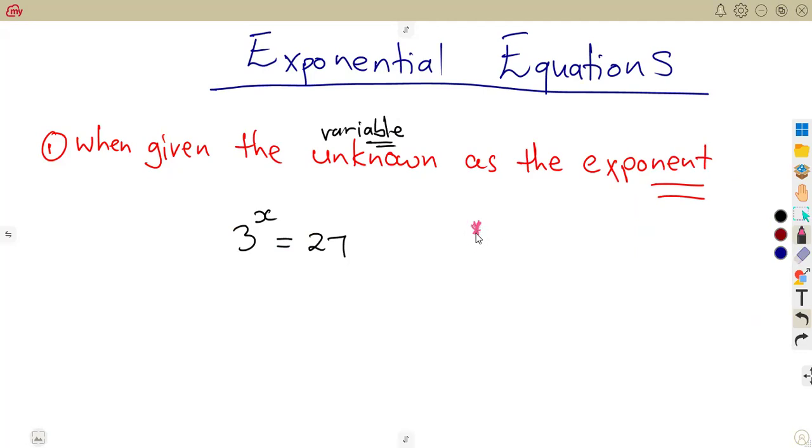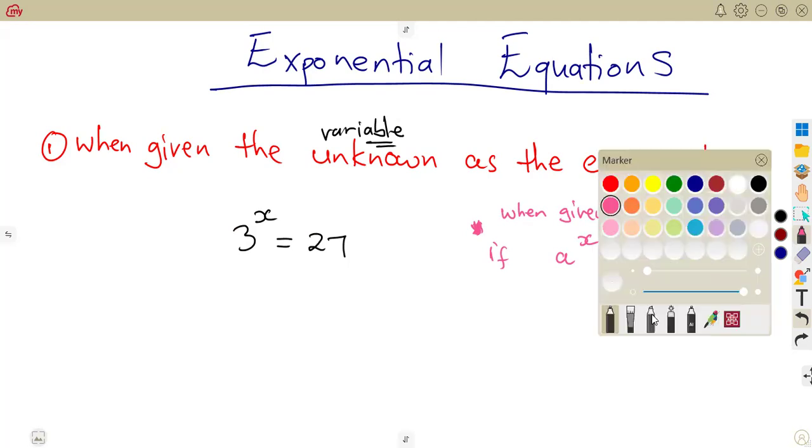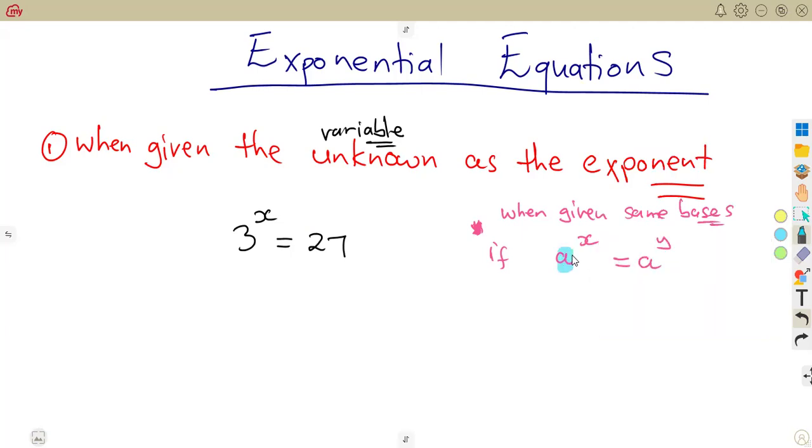There's a statement here that states that, I want you to note this one, when given same bases, like for an example, if a is raised to the exponent of x is equal to a to the exponent of y, like this. We have a same base, which is the base of what? A, as long this here is the same, but raised to a certain exponent, guys.